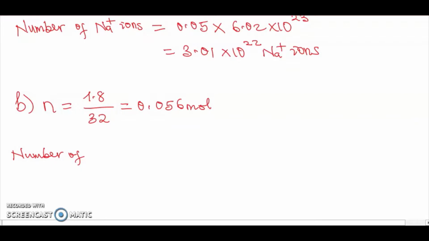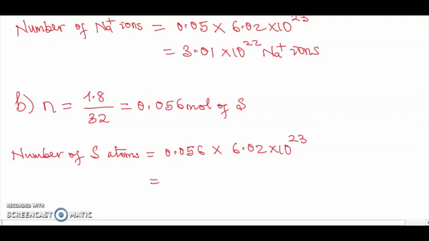So the number of sulfur atoms is equal to 0.056 multiplied by the Avogadro number, 6.0223 times 10 raised to the power 23.